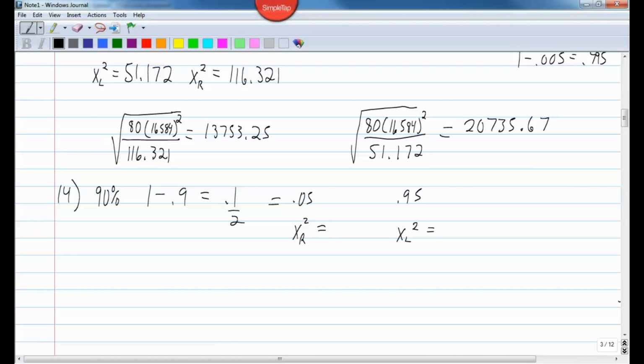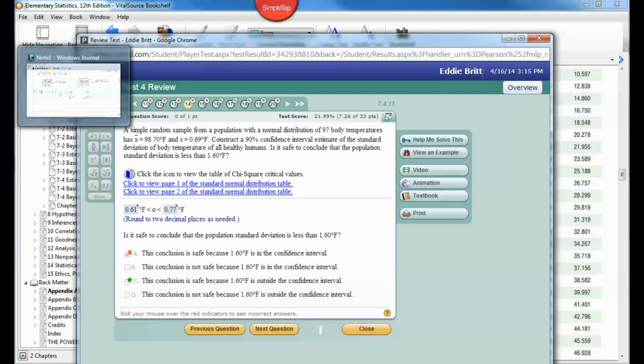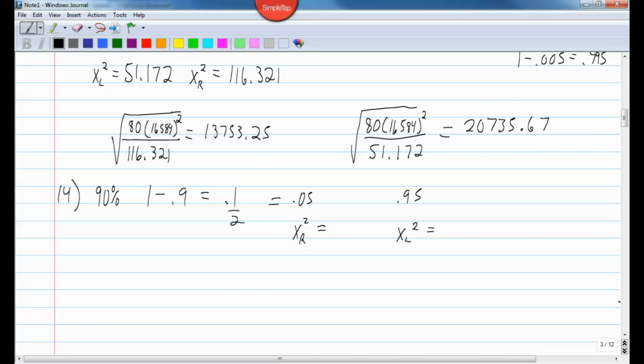All right, so let's figure out the degrees of freedom real quick. Our N, 97. So we're probably going to have to get as close to 97 as possible. So this may give us a little bit of an error whenever we do it, depending on what kind of table we use.